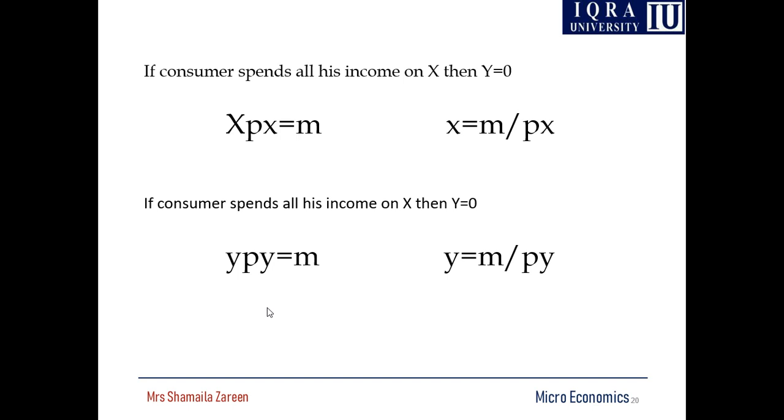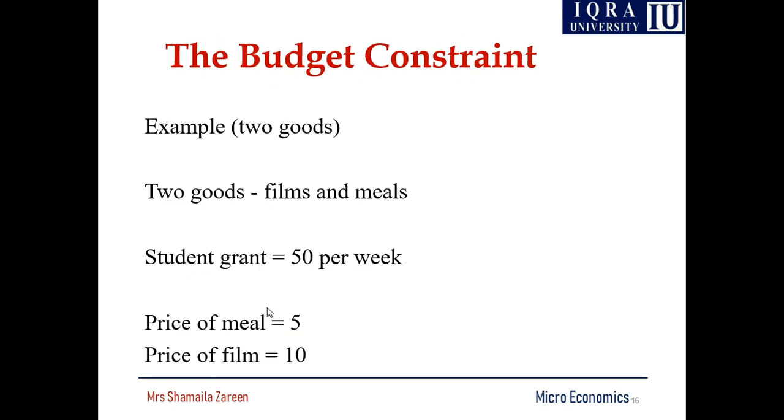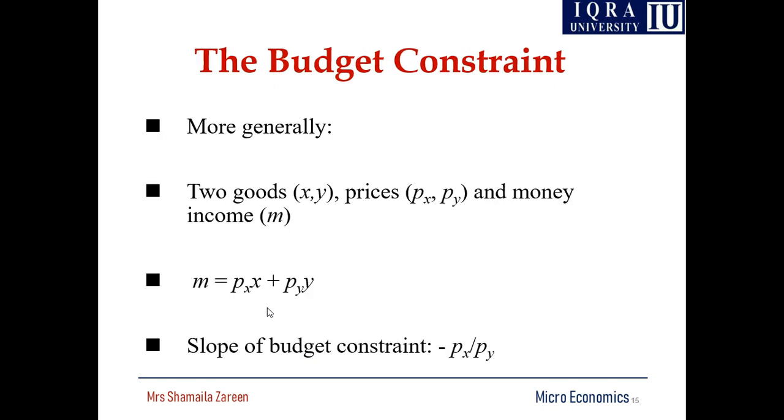If the consumer spends all of his income on meals, it means he is not spending on films, so the film spending will be zero. In this equation, here you can put y as 0 and you can get the intercept of x.